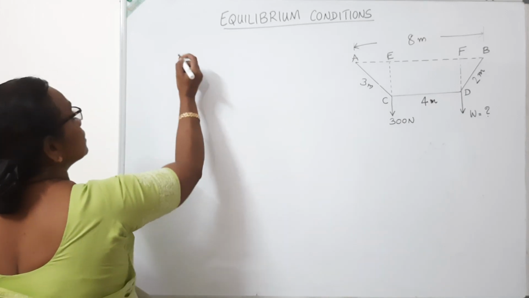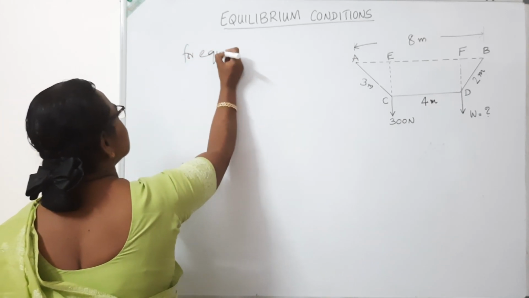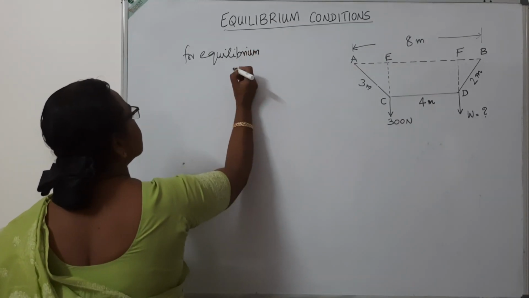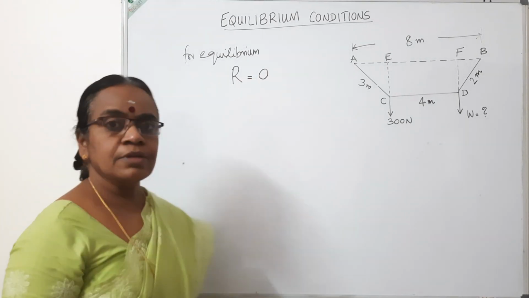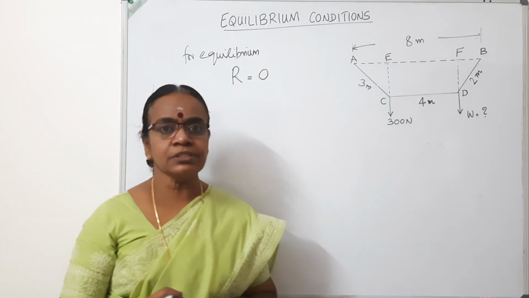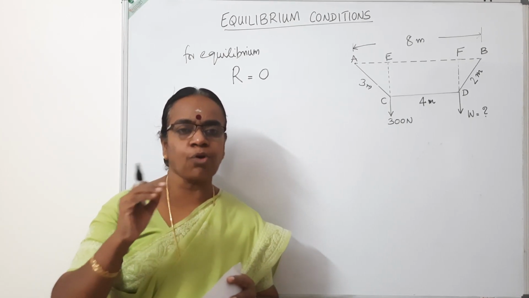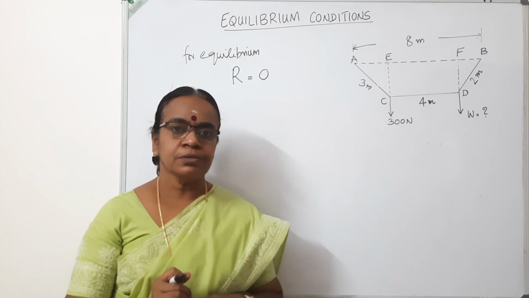So the equilibrium condition is, for a body to be in equilibrium, the resultant must be equal to 0. If the resultant is not 0, by applying a force which is equal in magnitude and opposite in direction to the resultant, the body will be brought to equilibrium.